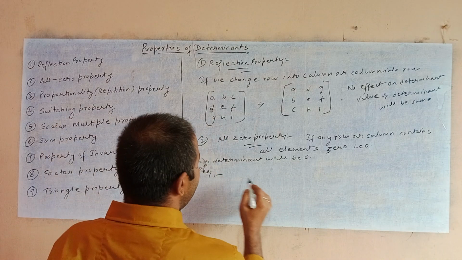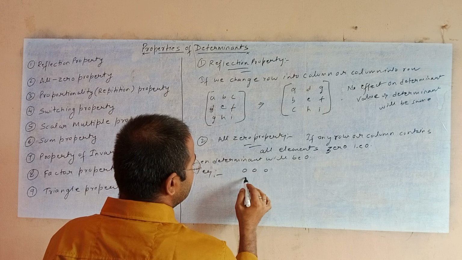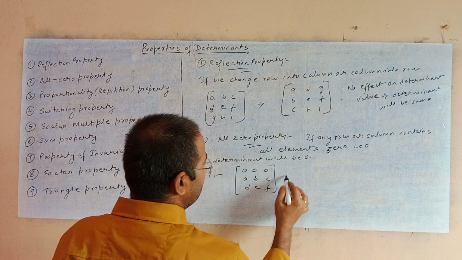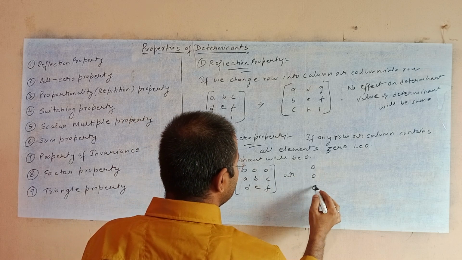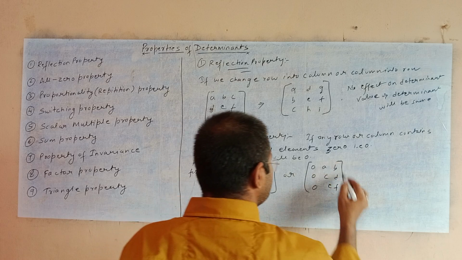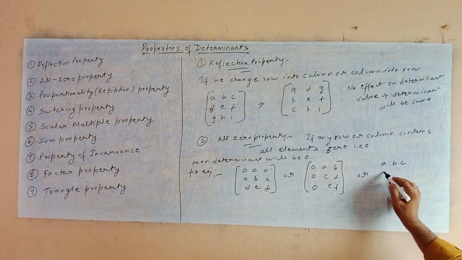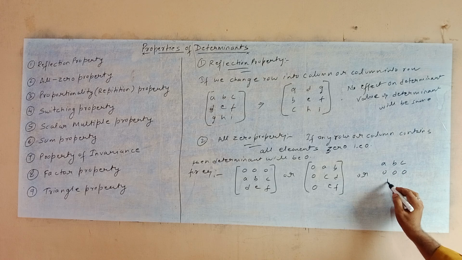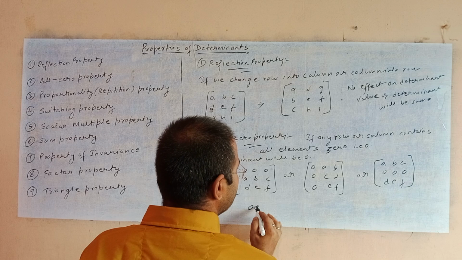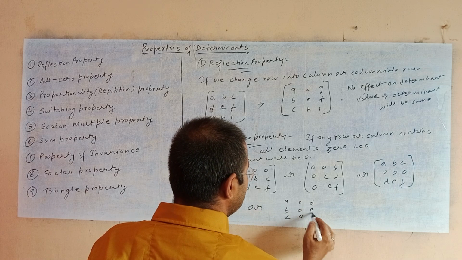For example, suppose we have the matrix 0 0 0, a b c, d e f, or a b c, 0 0 0, d e f.